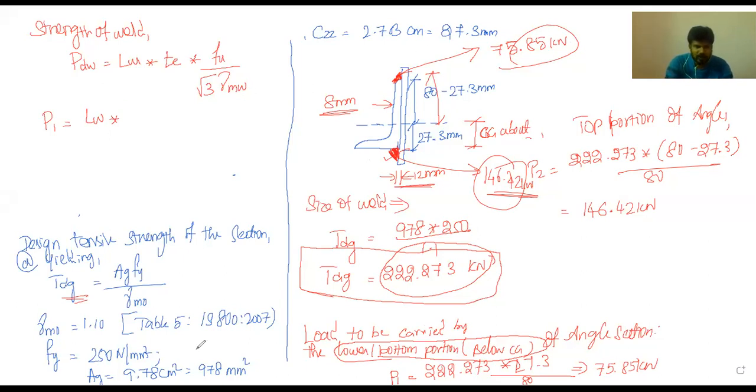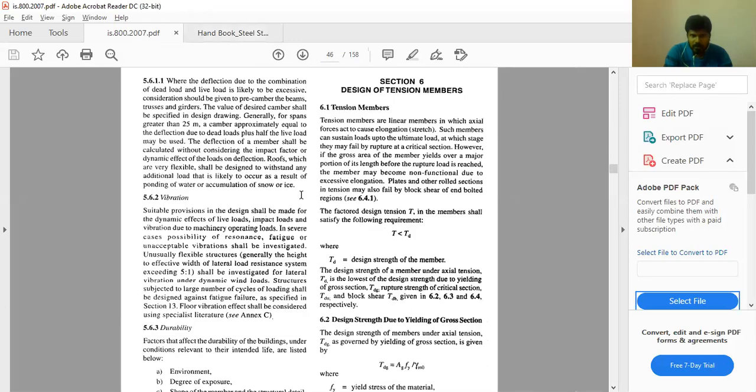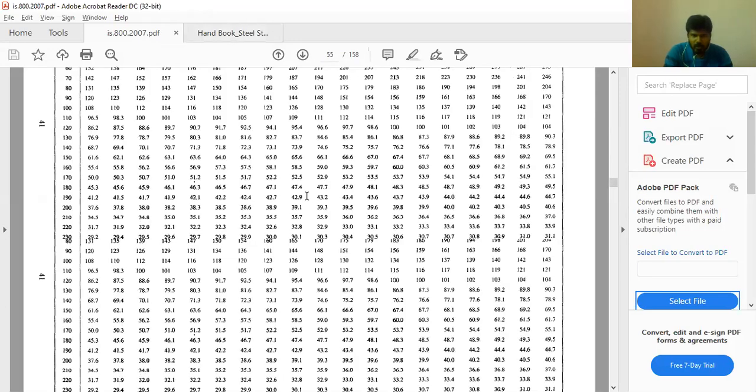So the size of weld we have to choose from the table. Here there are two thicknesses, 12 mm and 8 mm. So the maximum thickness is 12 mm. With respect to 12 mm, the size of weld in the IS code book is 5 mm from table number 21.